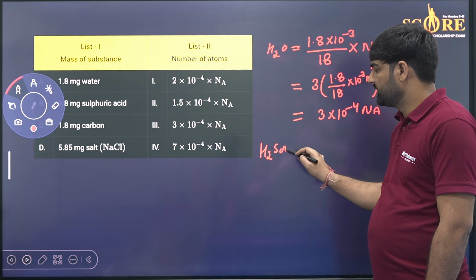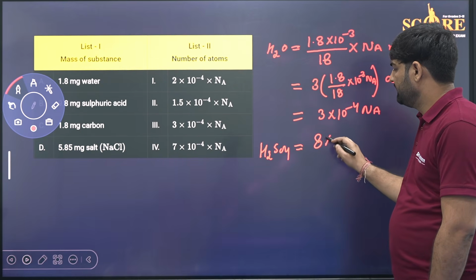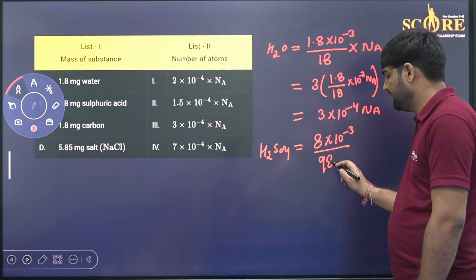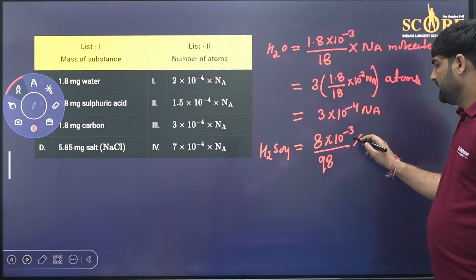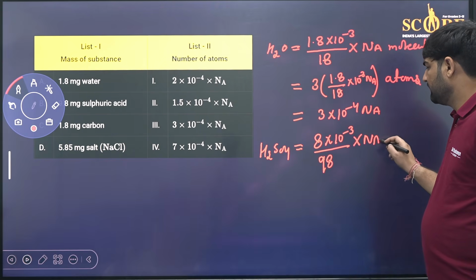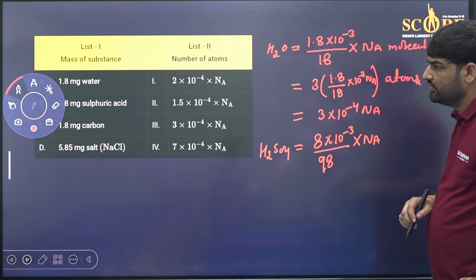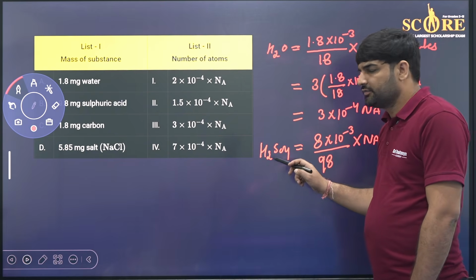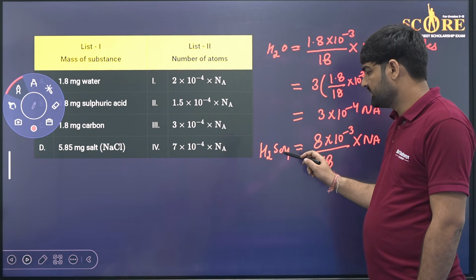Now we will talk about H2SO4. So this is H2SO4, and 8 milligram, 10 raised to power minus 3, this is gram, divided by 98. I think this is moles, and we have to multiply by Na. Mole multiplied by Na will give you number of molecules, and we know a single molecule of H2SO4 contains 2 hydrogen, 1 sulfur atom and 4 oxygen atoms.